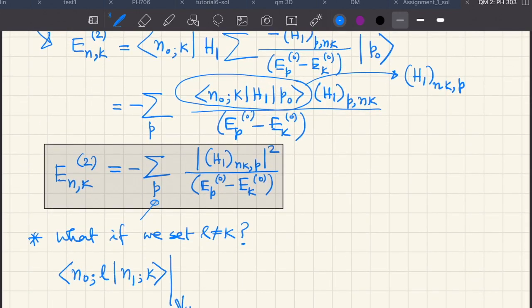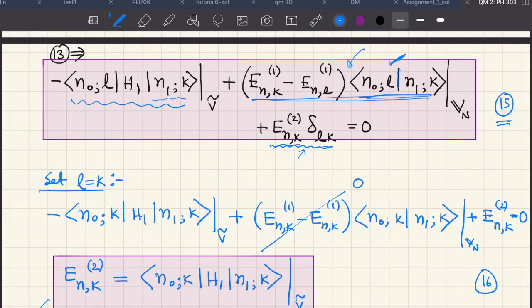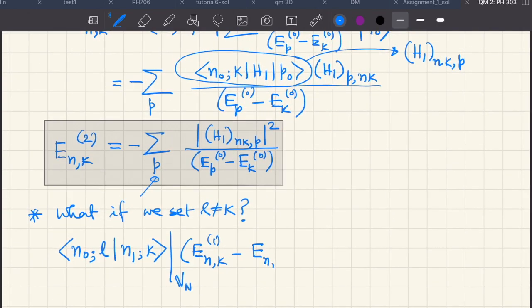So this is along Vn, and then it is being multiplied by Enk1 minus Enl1, which is equal to n naught L H1 n1 K along V tilde.